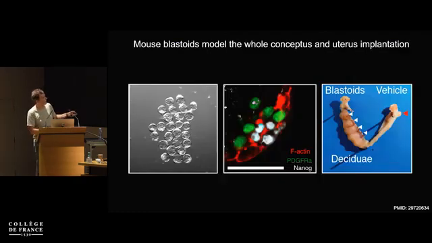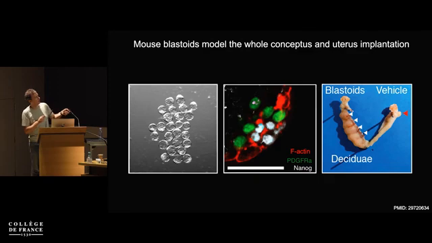And so these are blastoids that we can pick up from the microwells, and it was quite exciting at that time because this is in fact a model of the full conceptus. It comprises the epiblast, but also the trophoblast that are going to form the placenta normally, and the primitive endoderm that are actually arising from those cells.